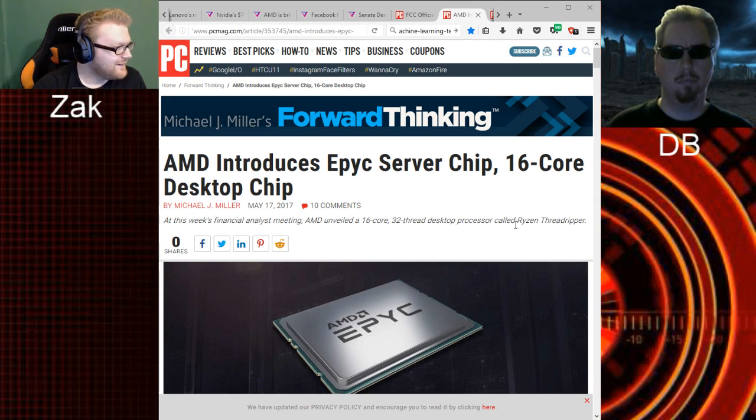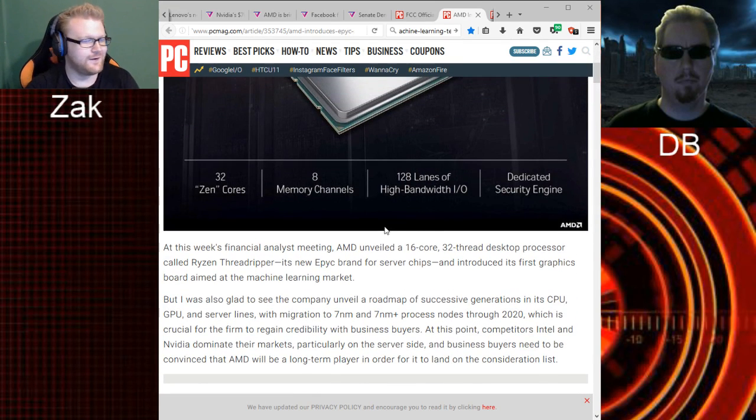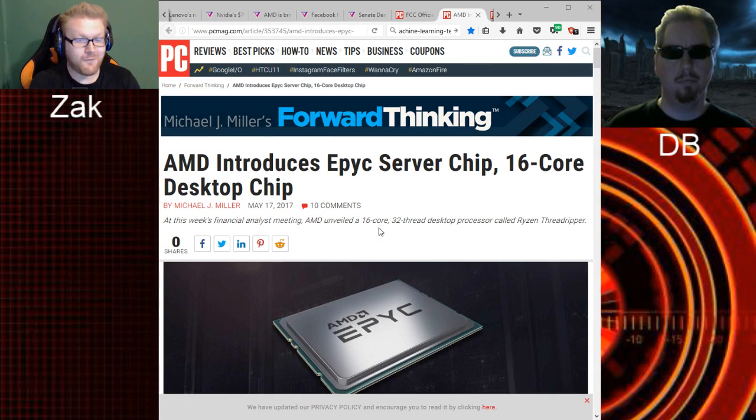Calm down, Zach. Anyway, no. Look at this. The picture says 32 Zen cores. Then it goes on here saying 16 core, 32 thread. They call it 32 threads. They can't even do it themselves. I read the title. I'm sorry.